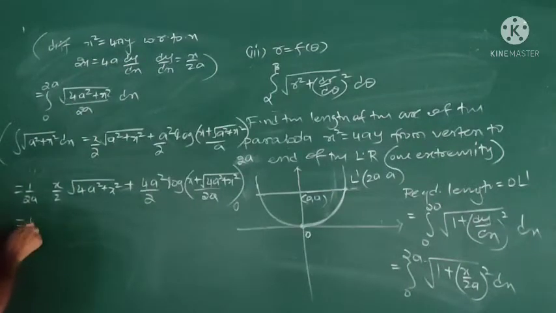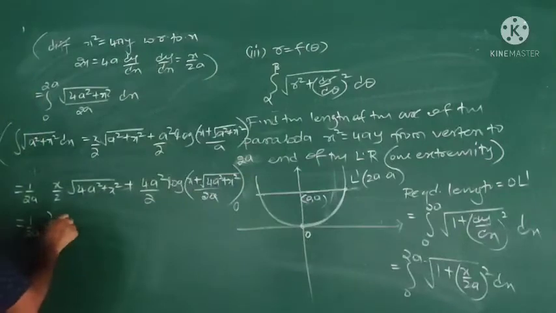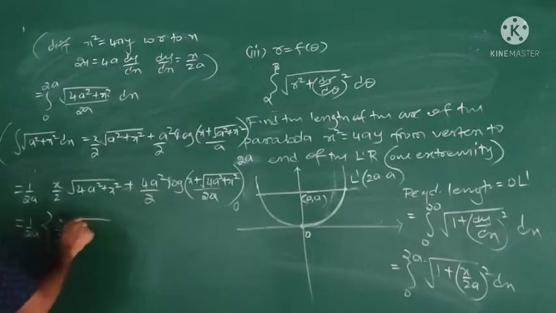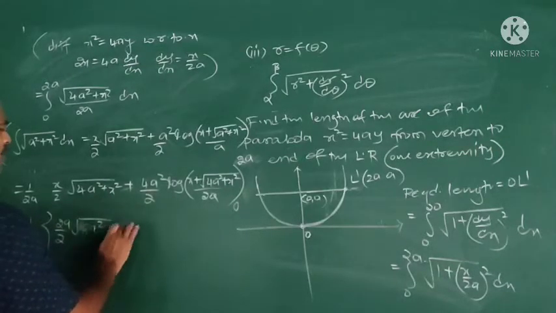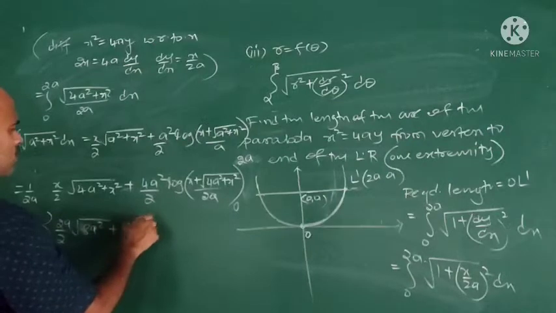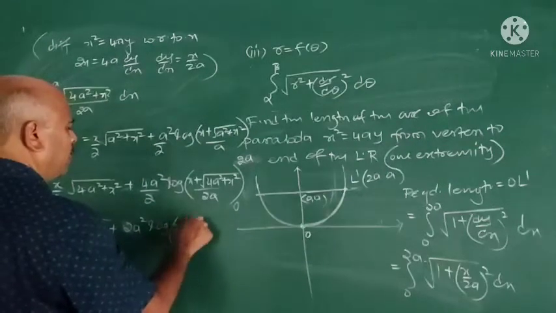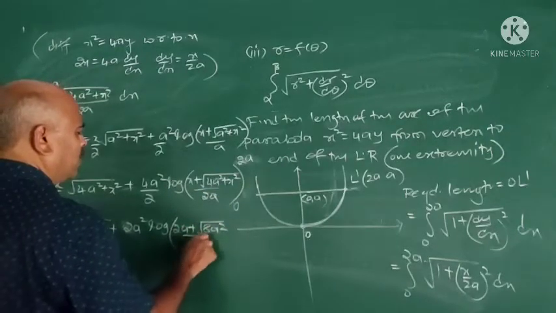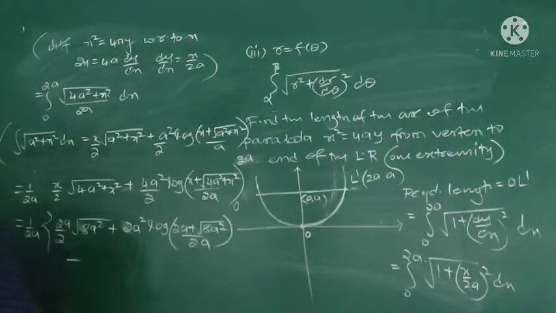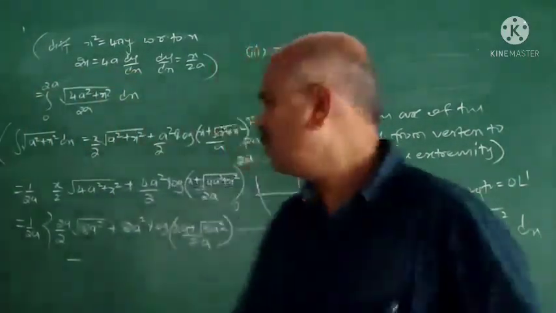So, 1 upon 2a. First substitute 2a, you will get 2a by 2 square root of 8a square, 4a square plus 4a square is 8a square, plus 4a square by 2 is 2a square log of 2a plus root of 8a square divided by 2a, minus value of this when x is 0. I have substituted upper limit now.